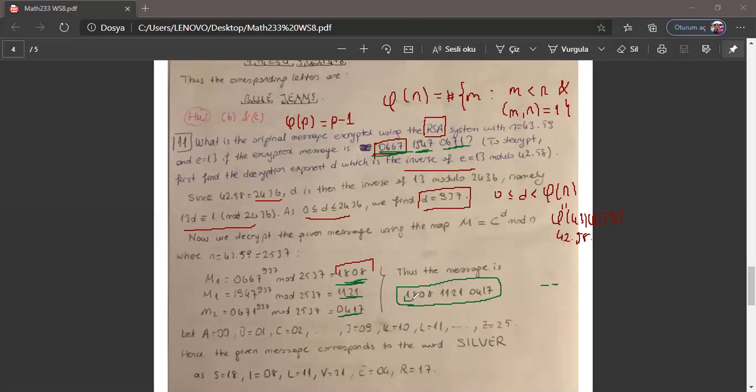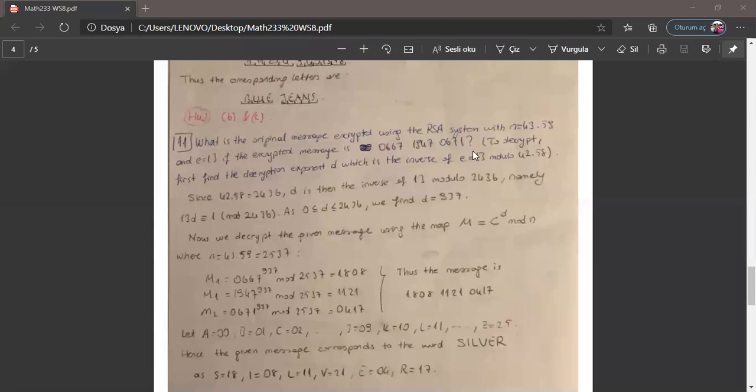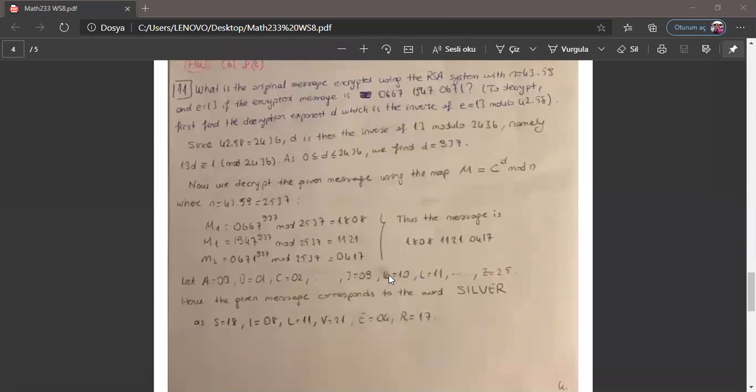So for 18, we have S. For 08, we have I. Okay, so in this form, we find the corresponding letters, and hence the decrypted message is silver.